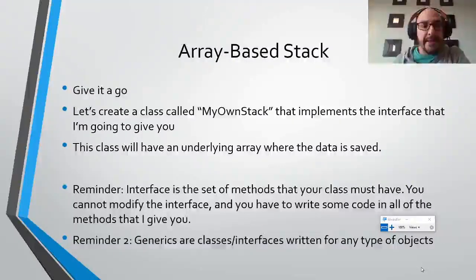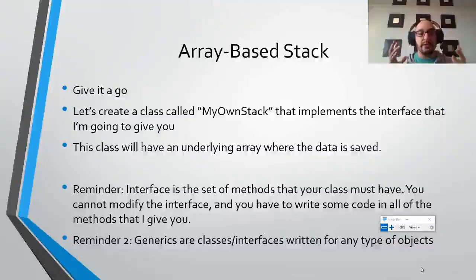Now, for this, I'm going to give you an interface. Now, an interface, I have a little bit of a reminder in there. An interface is a set of methods that a class must have. Now, I'll show you in a second how to use that. But I would invite you to pause this video for 5 to 10 minutes and try to give this a go.